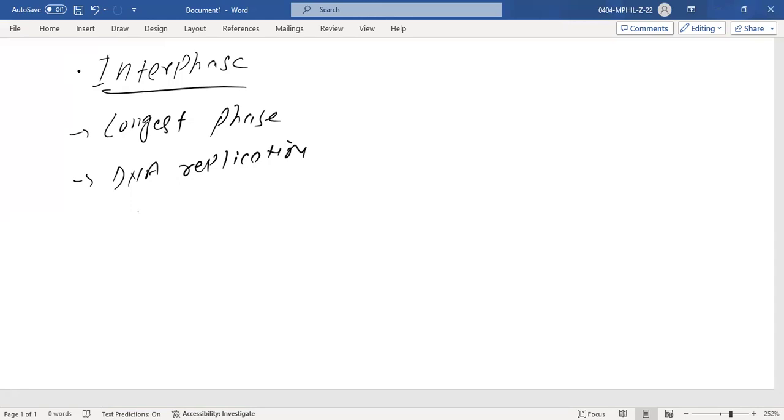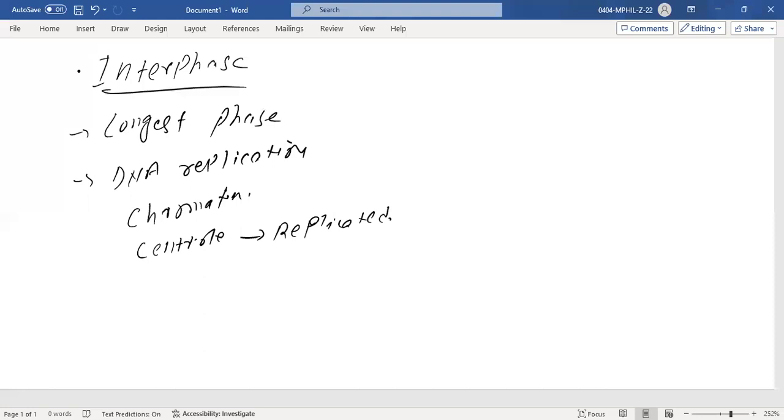We call them chromatin. Centrioles have replicated in G1 phase of the interphase. So it means centrioles are also going to divide or replicate. So these are the changes which commonly occur in the case of interphase. You know what is the function of centrioles?